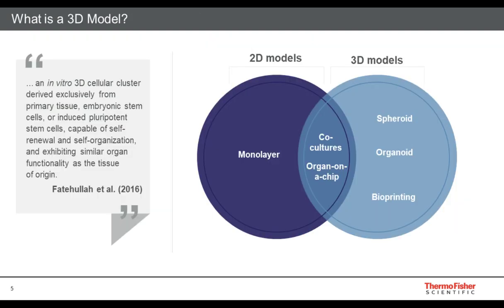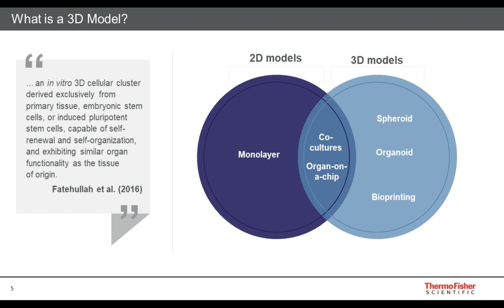And so, as I've already alluded to, when we're talking about 3D models, we're talking literally about a 3D assembly or cluster of cells that are obviously much different than the traditional 2D monolayer culture systems that have been the prevalent model over many decades in cell biology and biomedical research in general. The switch to 3D models is really driven by a desire to have cells interact in a way that more mimics how cells interact with each other in an in vivo environment.